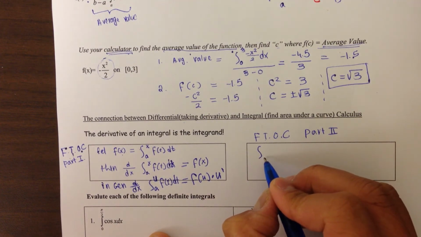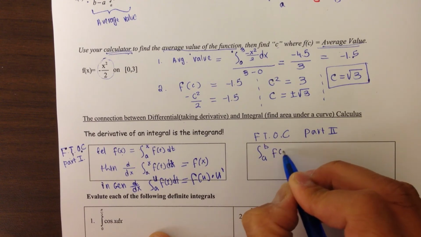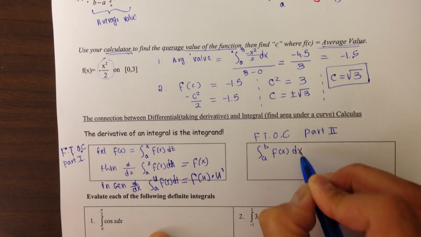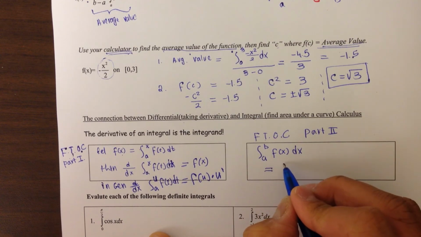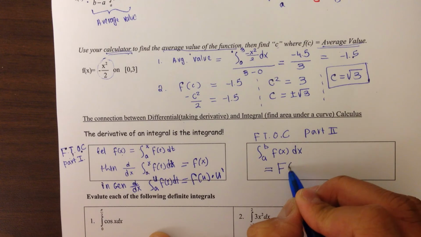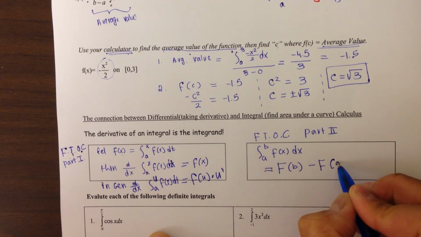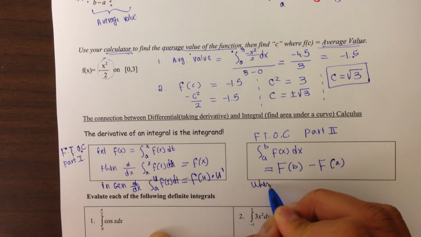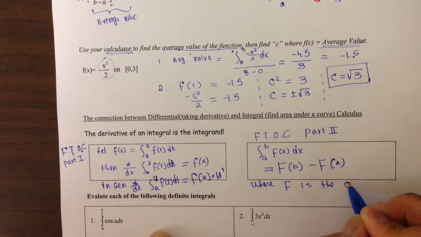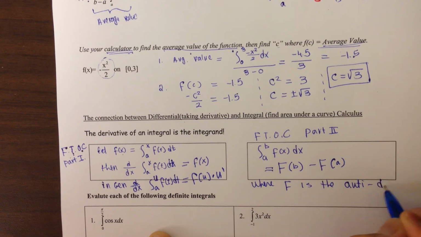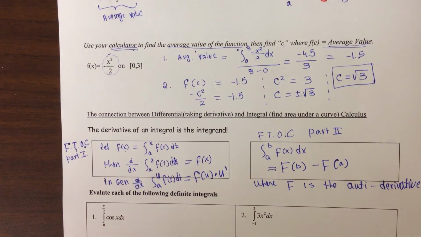If you're finding the area from A to B of some function, then it turns out that that is the same as evaluating big F at B minus big F at A, where big F is the antiderivative.